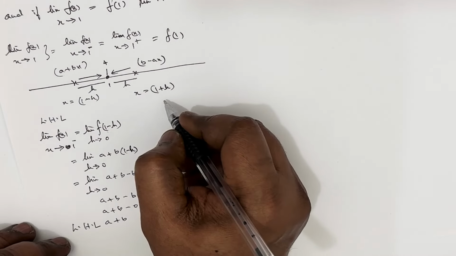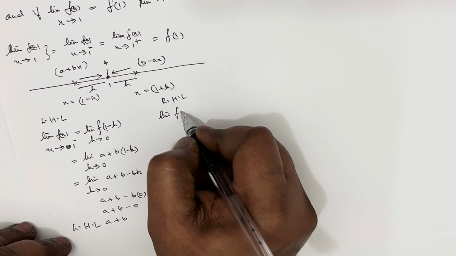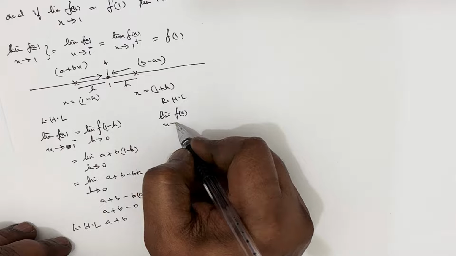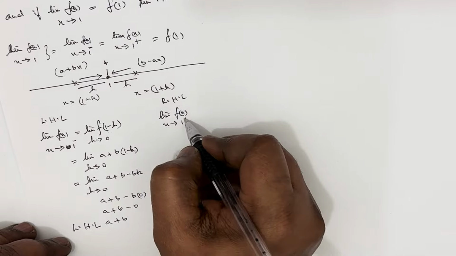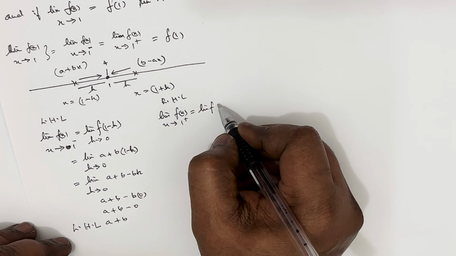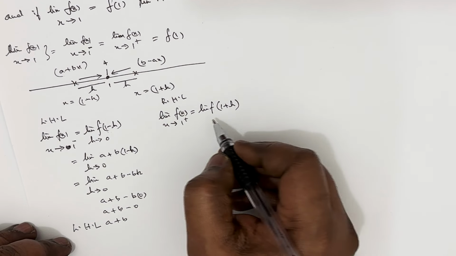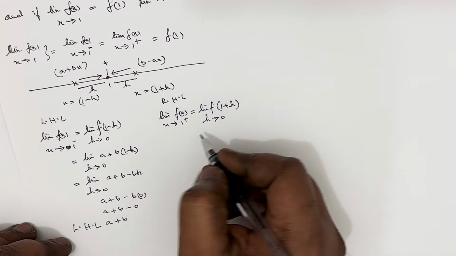The same way, the right hand limit. The limit of the function f of x when x approaches 1 from the right hand side is equal to the limit of f of 1 plus h. Instead of x we write 1 plus h as h tends to 0.